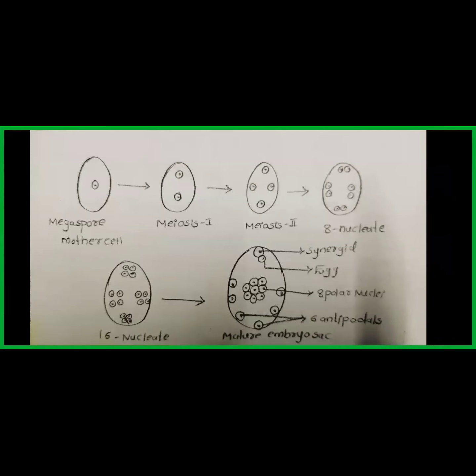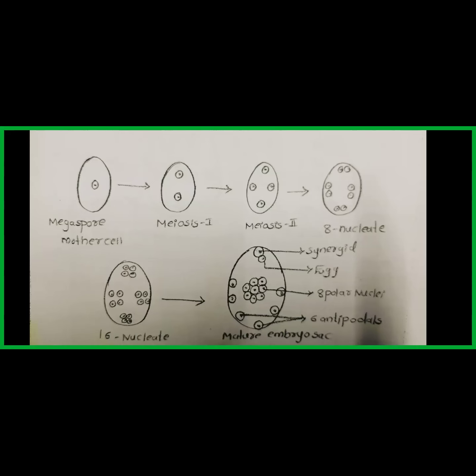Tetrasporic embryo sacs. Already we discussed in the last class, monosporic and bisporic are completed. So today we are going to discuss tetrasporic embryo sacs. In this, sometimes the meiotic division of the megaspore mother cell is not accompanied by cytokinesis. Hence, all the haploid nuclei remain in a common cytoplasm.